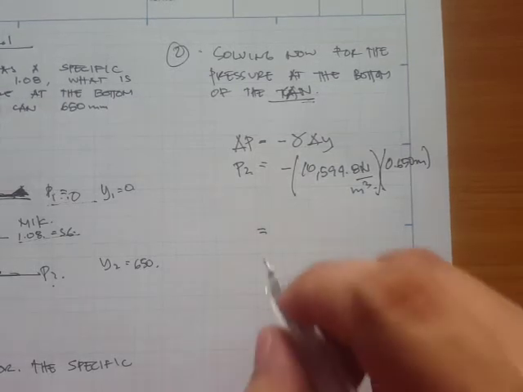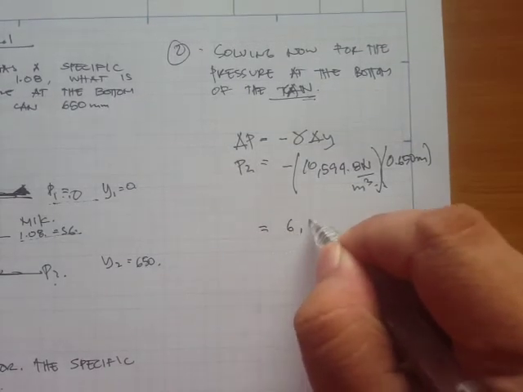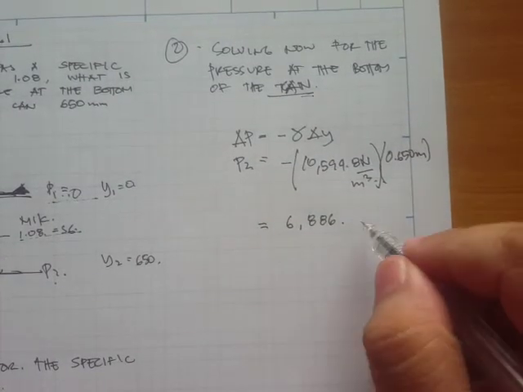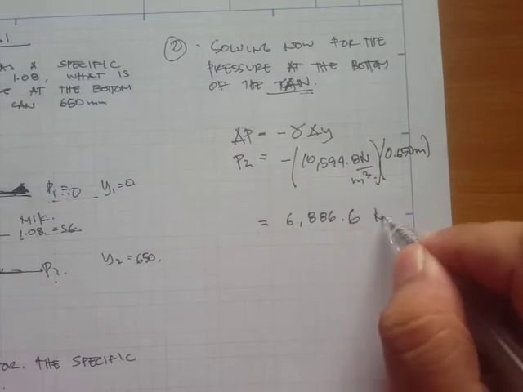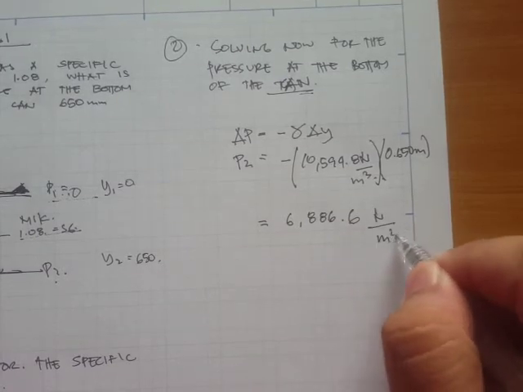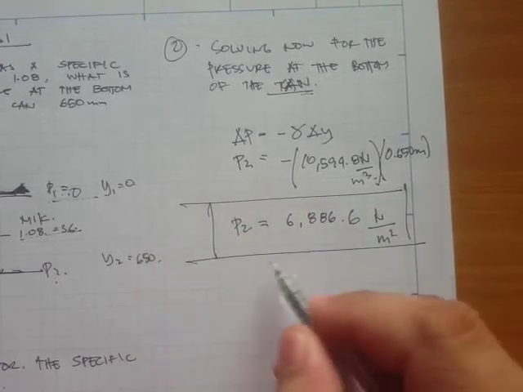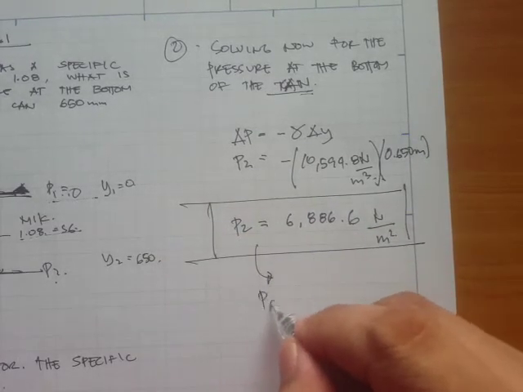That's going to be 6886.6 Newton per meter squared. That's our P sub 2, and most likely this will be P gauge.